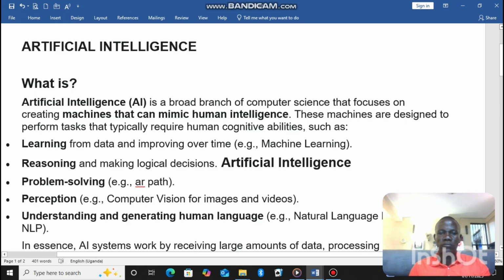Then still, artificial intelligence can also help to improve reasoning. It is designed in a way where it can improve reasoning and making logical decisions. There's also problem solving. We have perception, for example computer vision for images and videos.